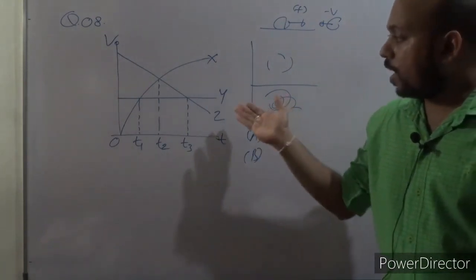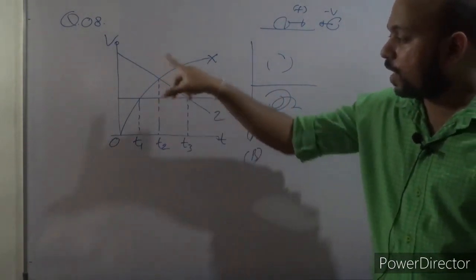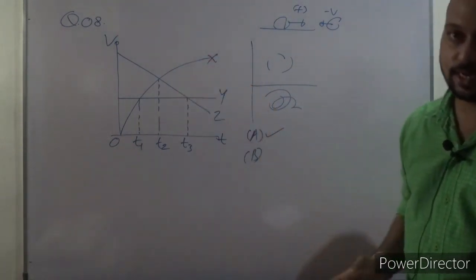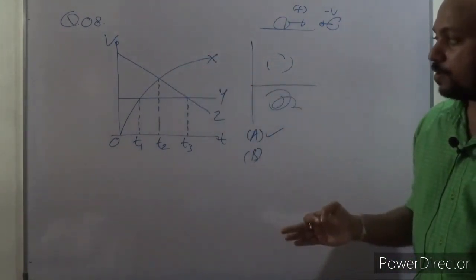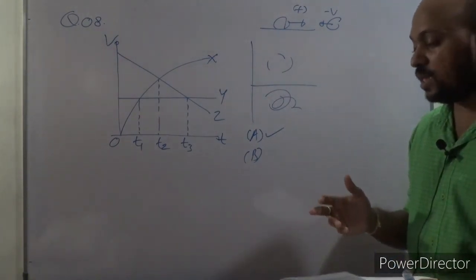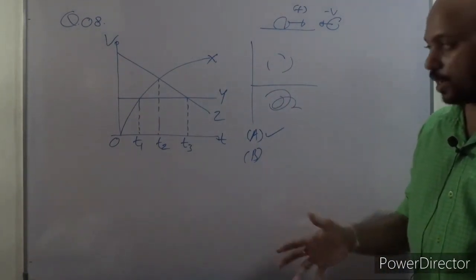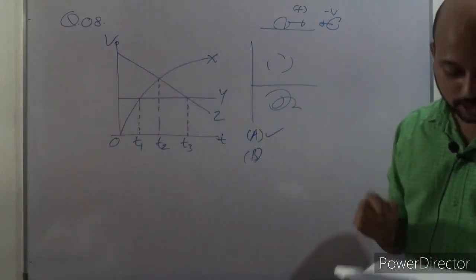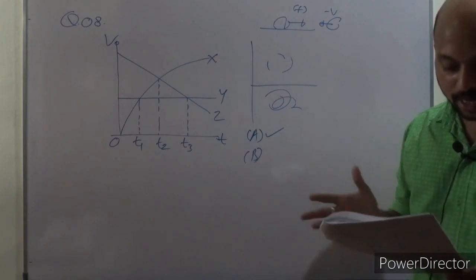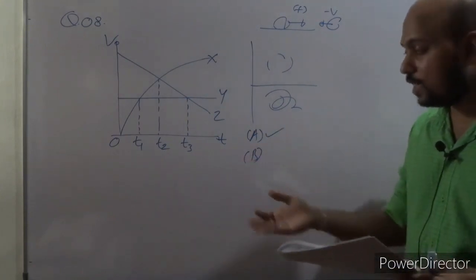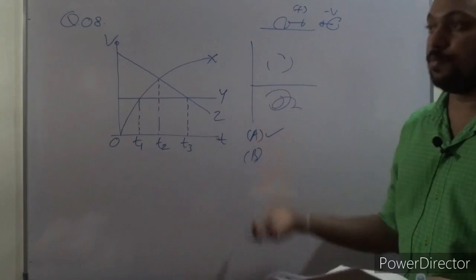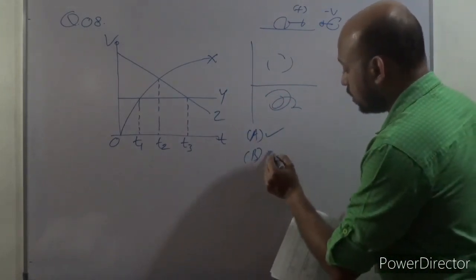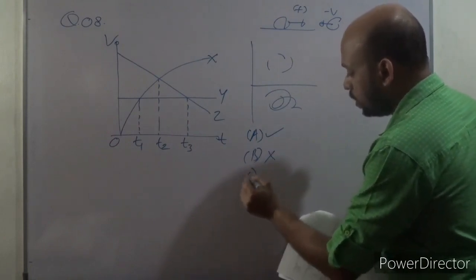The area covered by the graph represents the displacement, and the gradient represents the acceleration. We cannot get an idea about the initial displacement of an object using the velocity time graph. So we cannot say exactly that all three objects start at the same place, so it is wrong.